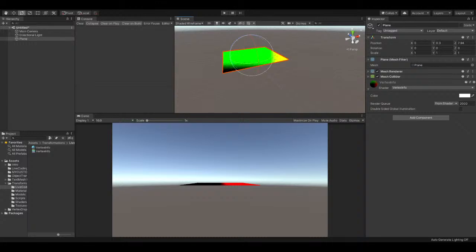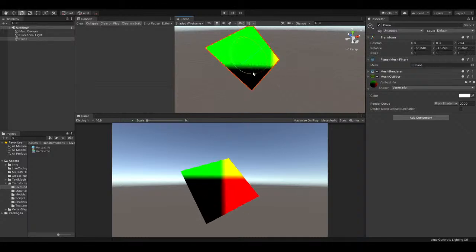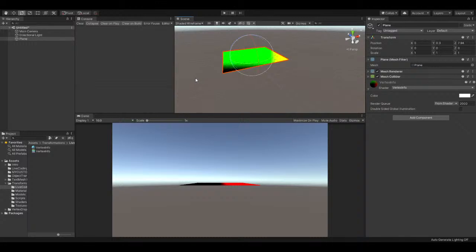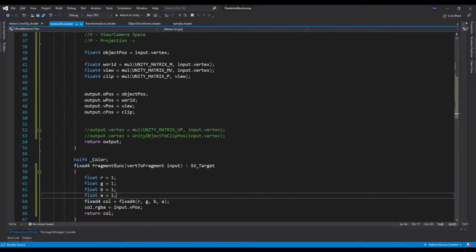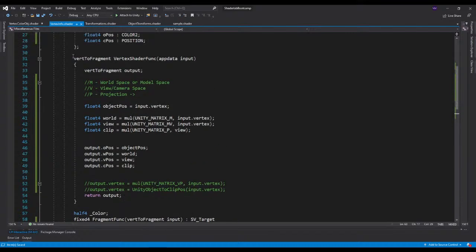Now let's transform these vertices. So when you transform these vertices, what we are going to do is transform the vertices in the object space, world space, and the view space. So let's go to the vertex information shader, transition it right here. Guys, whenever we are transforming the vertices, now you know that MVP multiplications take place in the vertex shader, correct?